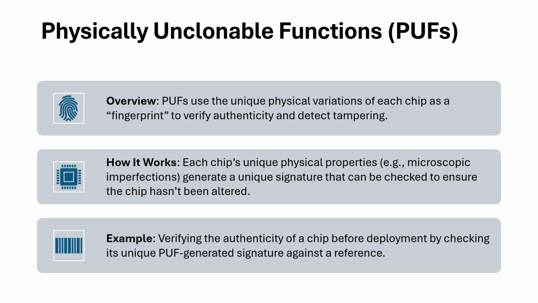They generate a unique signature that can be checked to ensure that the chip has not been altered, has not been tampered with, has not been changed. So this is a very important approach as well. Verifying the authenticity of the chip before deployment by checking the unique PUF is a simple approach where you can ensure that it is not altered. This is one of the very important ones.